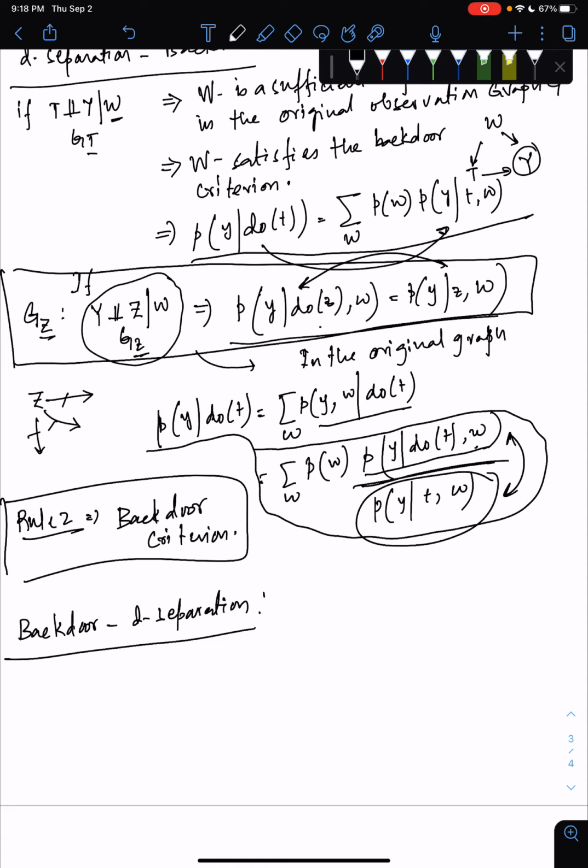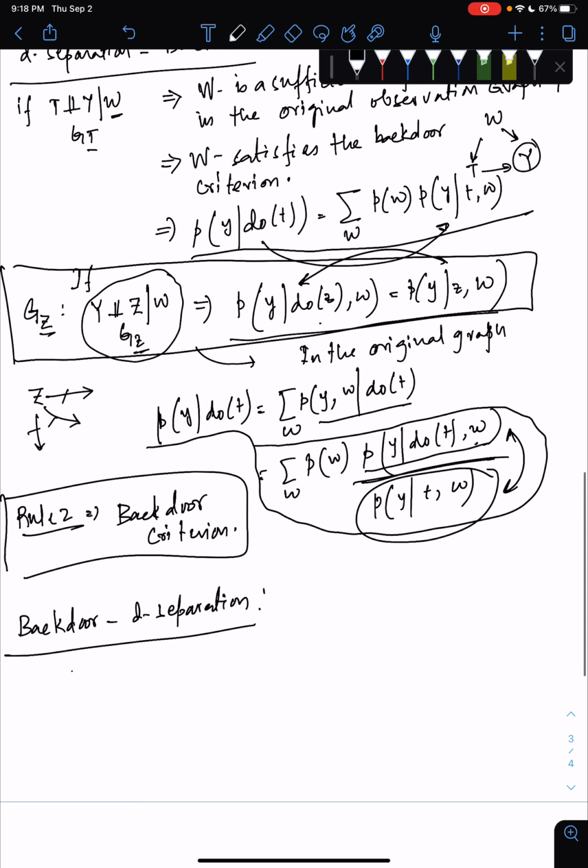So this thing satisfies the backdoor criterion. Why? Because this W is not a descendant of T, and this W is able to block all the spurious associations between T and Y. So that is why this W satisfies the backdoor criterion.